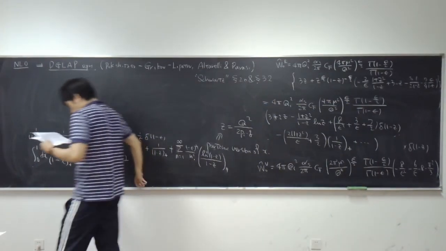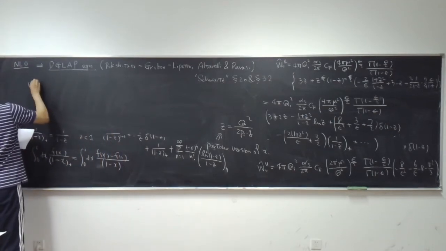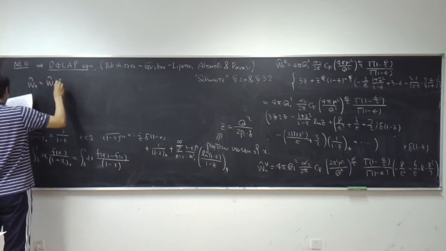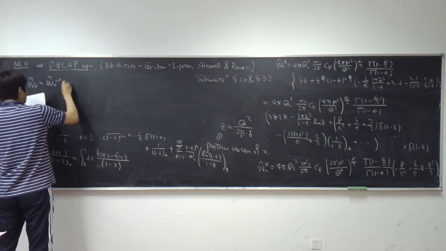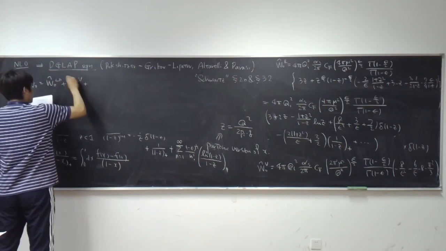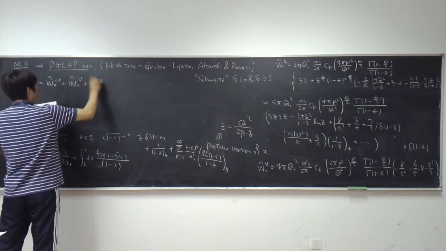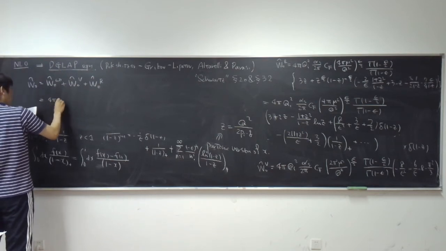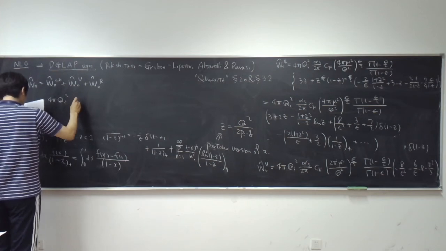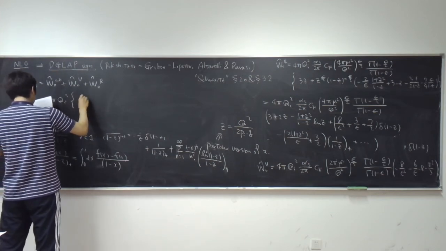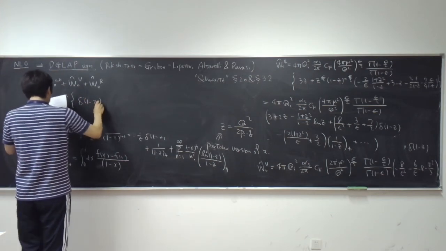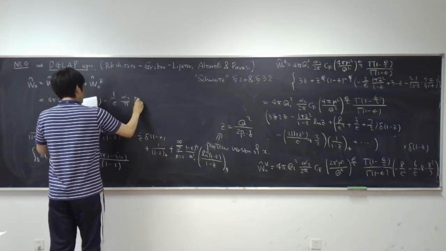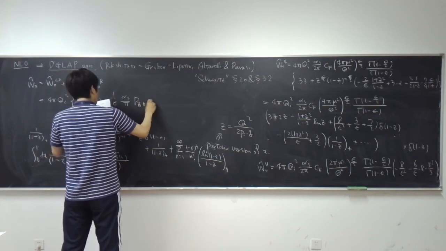So this W0 hat is W0 at leading order, which we already evaluated, plus W0 B hat and W0 R hat, which is given as follows: 4 pi Qi squared, minus alpha_s over 2 pi, 1 over epsilon, P_qq of z.